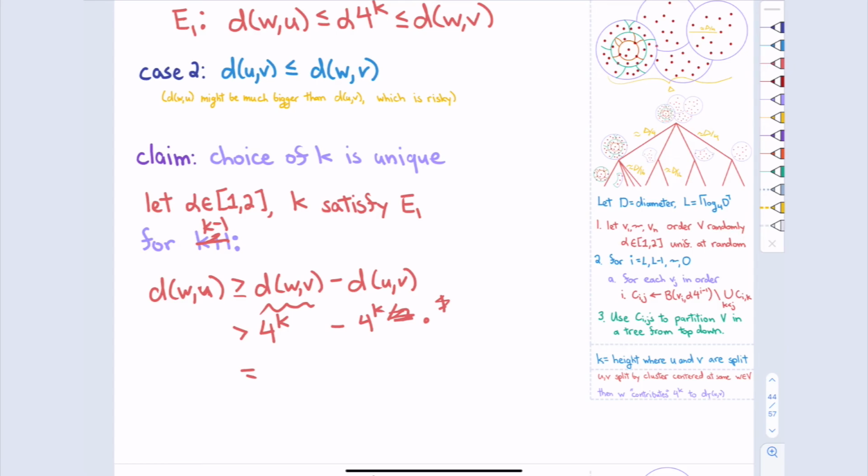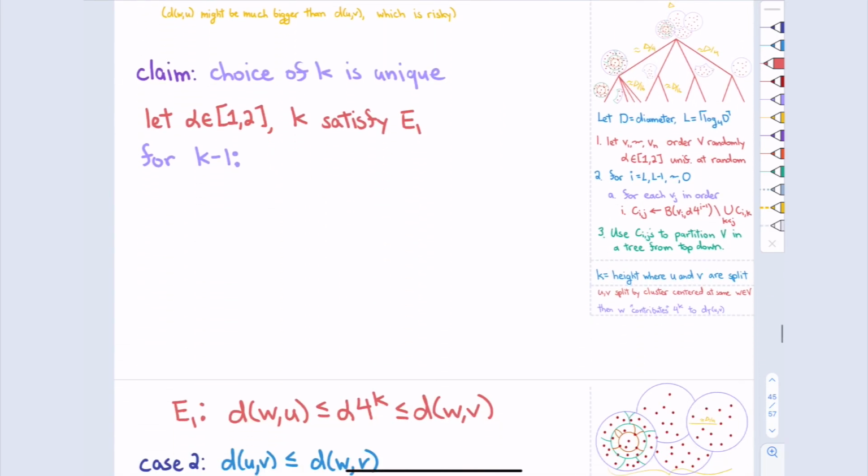Let me do this right. 2 times 4 to the k minus 1, which gives us 2 times 4 to the k minus 1. So the distance from W to U is always bigger than 2 times 4 to the k minus 1. So if I went down to k minus 1 and I made alpha as big as possible, it still wouldn't fit. For the k plus 1 case, it should be the same.